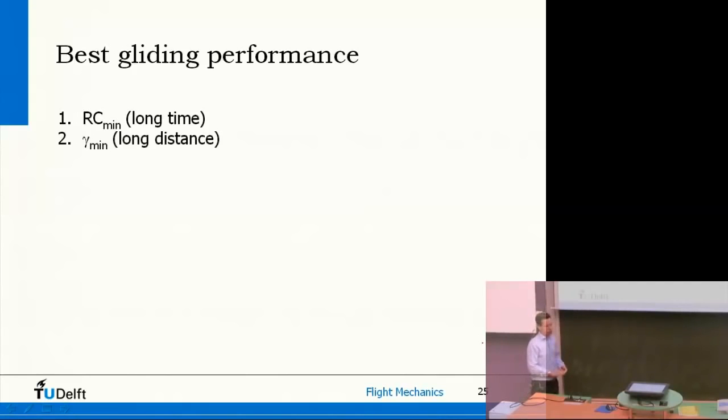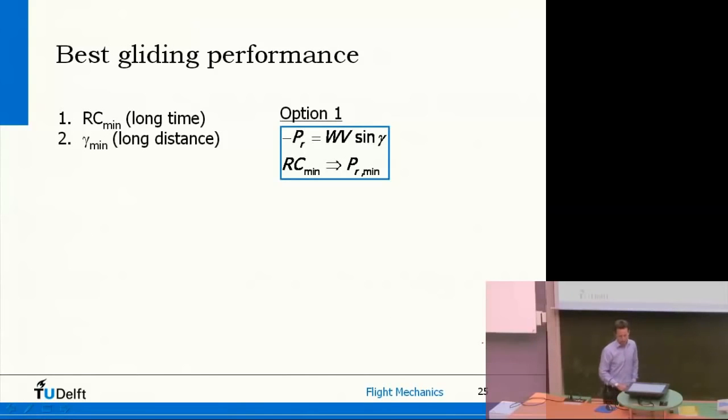You can try to minimize rate of climb, and you can try to minimize this angle at which you go down. Now the first option, we have this equation which says minus power required is weight times V sine of gamma. Now the sine component of the airspeed is the rate of climb. So in order to go down as slowly as you can, you have to fly in the minimum power condition.